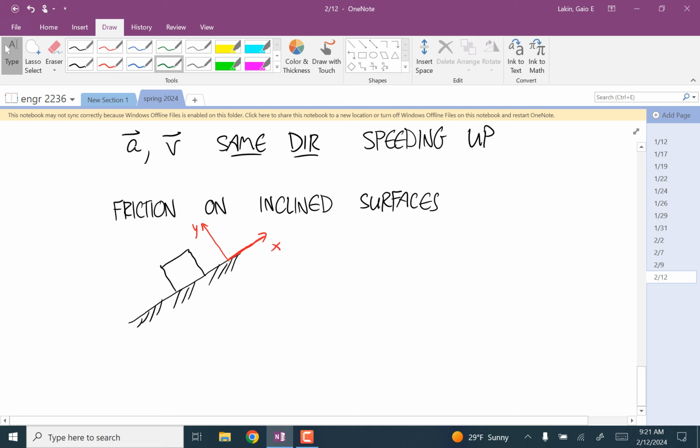So your z-axis is coming out of the page like that. And remember that using a coordinate system like that simplified a bunch of stuff, but it made the weight force more complicated, and so you had to use trigonometry, think of right triangles, to come up with what the weight force is in that coordinate system.